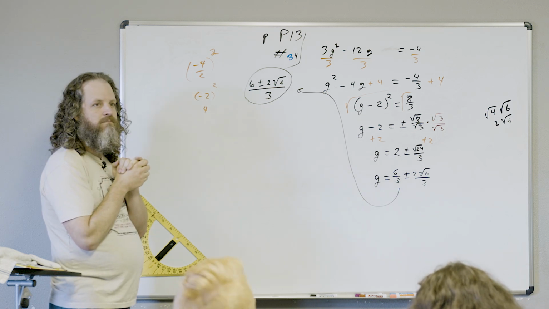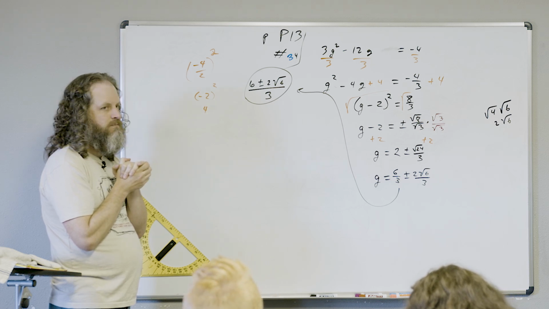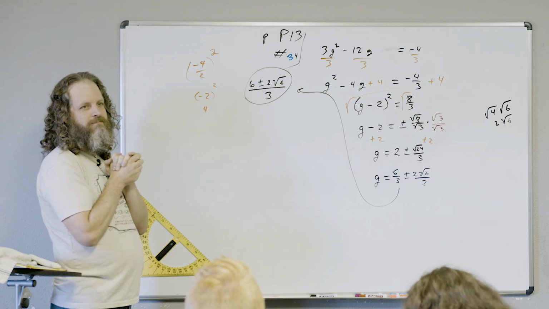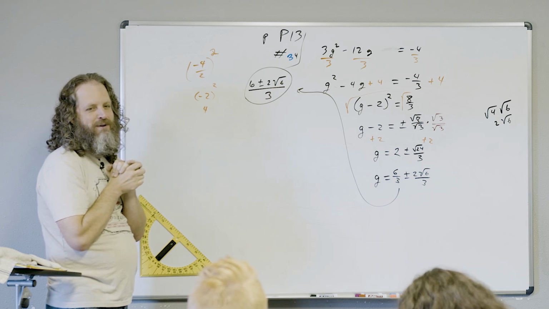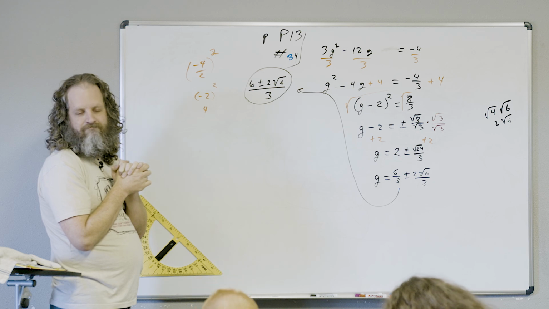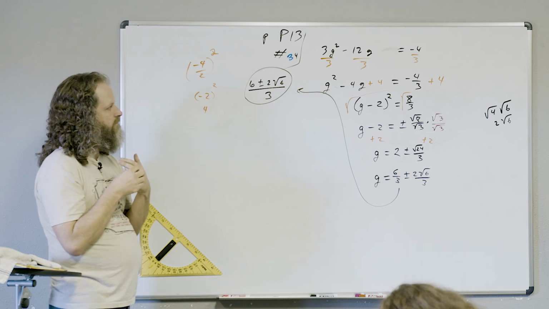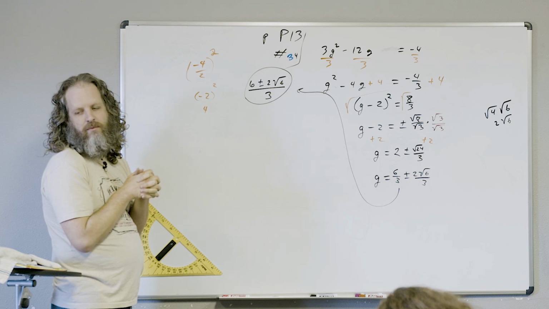Would you have counted off if we didn't do the 6 over 3 part? Probably, yeah, because it's pre-cal. If it was Algebra 2, then definitely not. But now I will. So you always make sure it's the same thing. What if it can't? When would it not be able to?